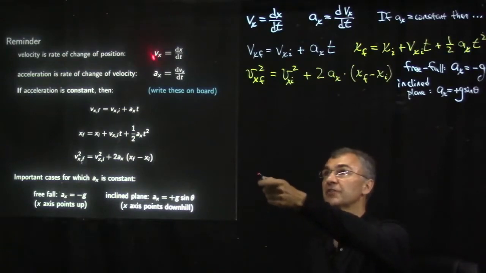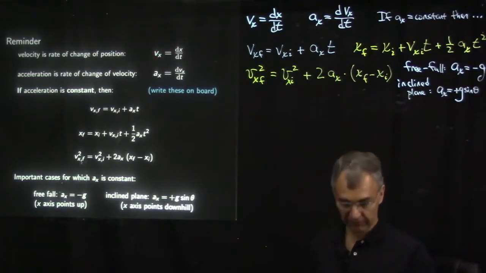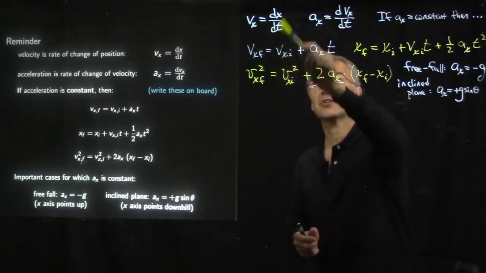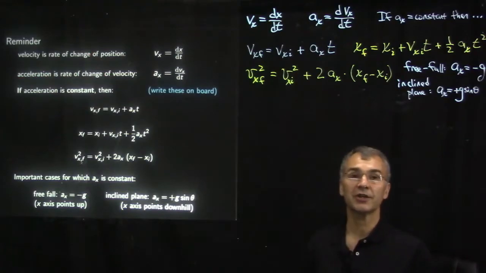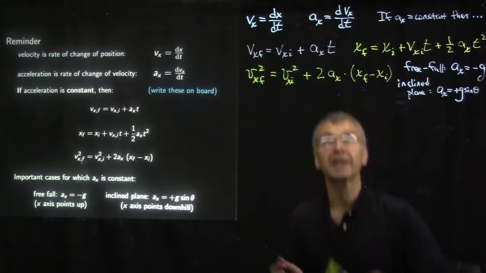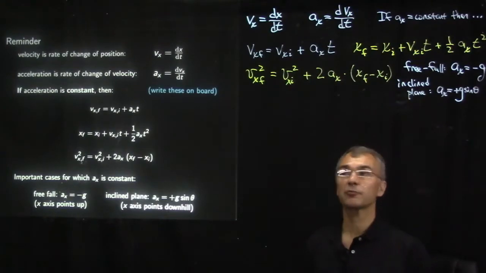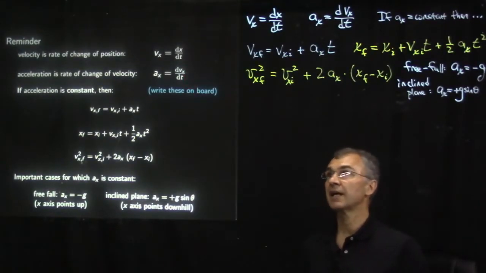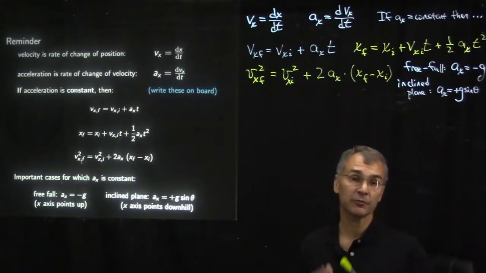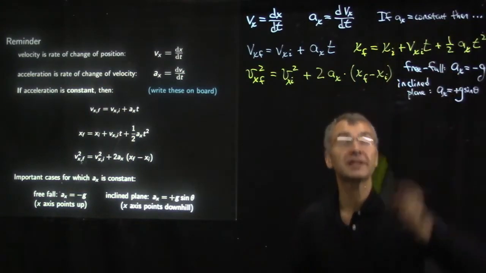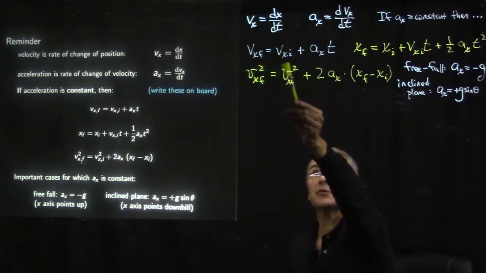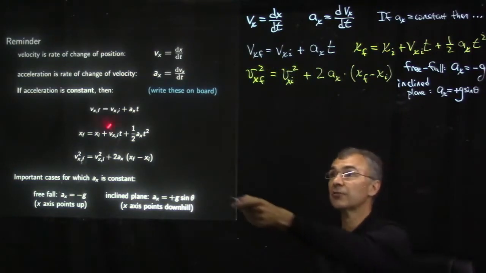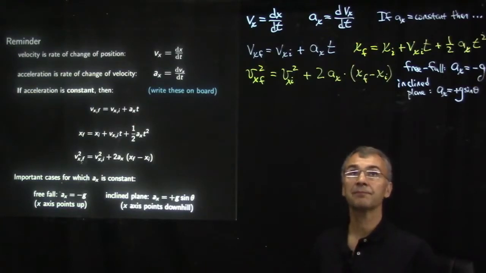So velocity is the rate of change of position. So v sub x is dx by dt. Acceleration is the rate of change of velocity. So a sub x is dv sub x by dt. If acceleration is constant, and we're in one dimension now, so the acceleration in the x dimension is constant, then we can work out, using a little bit of math, that Vx final equals Vx initial plus a sub x times time.